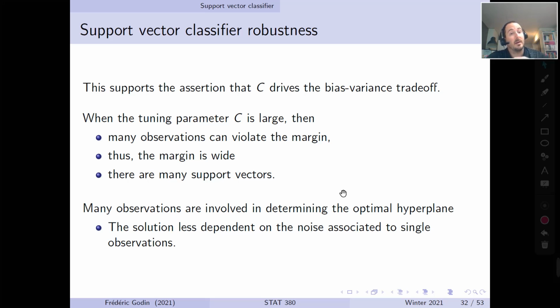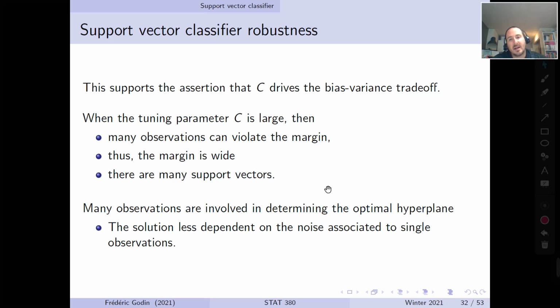And having a classifier which depends on more data points reduces its robustness. So you're not relying on a single precise data point, you're relying on a set of points, which has the property of dampening the impact of noise on each individual data point.